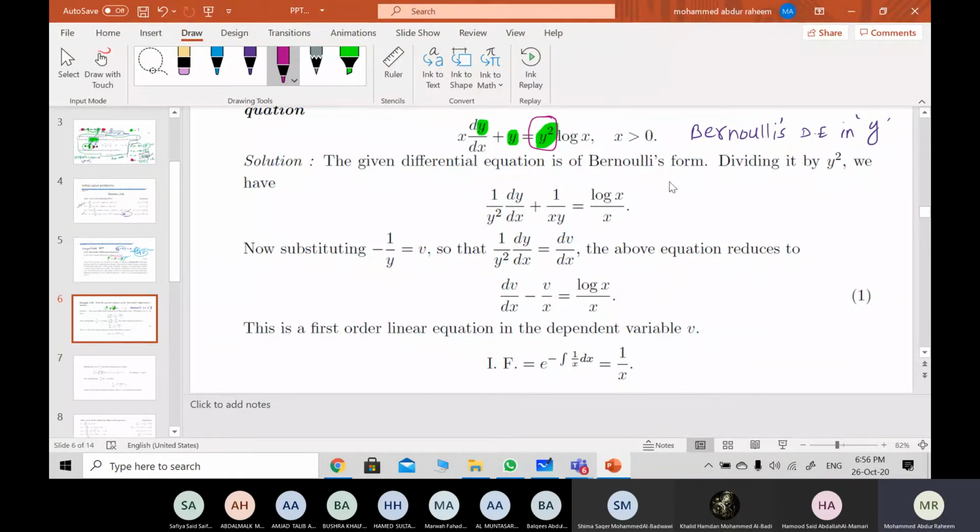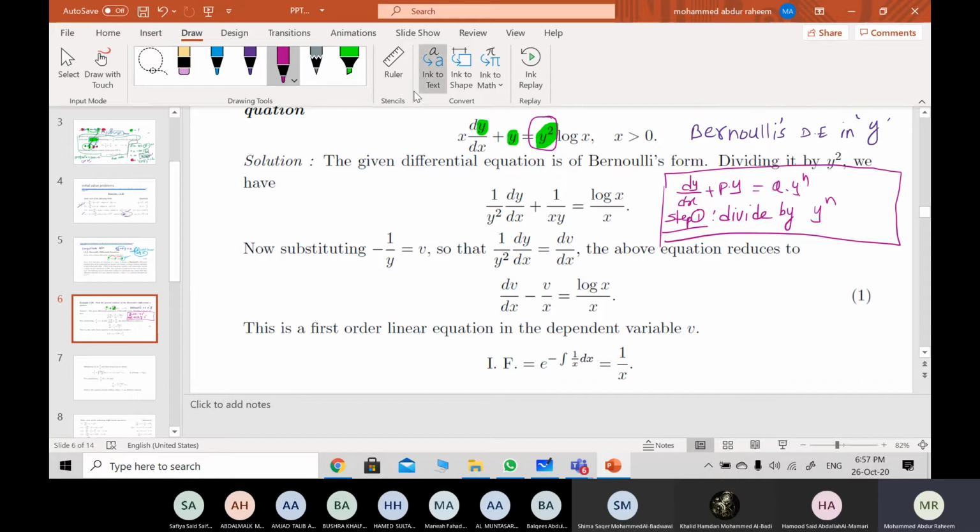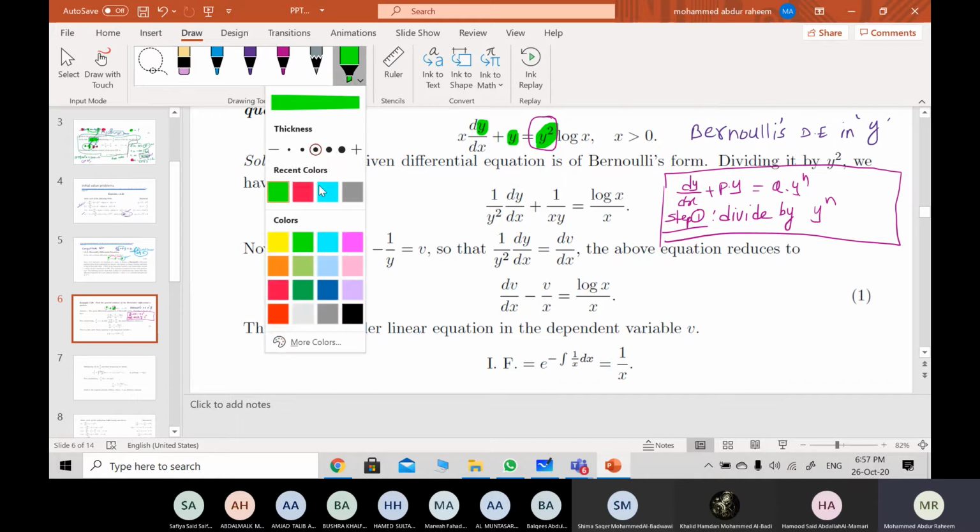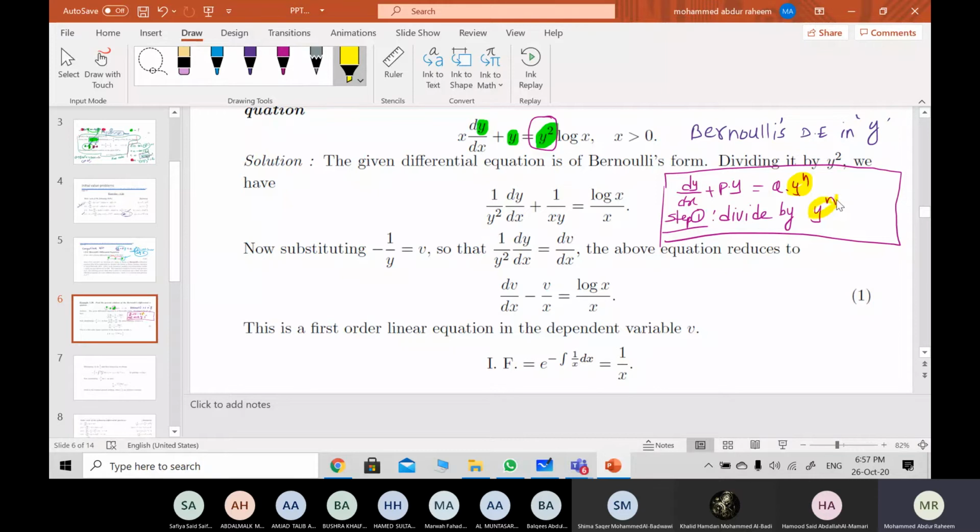So in general, what is the general case? It is linear in y. Step one, divide by y power n. Divide by y power n. This term that we have to divide.